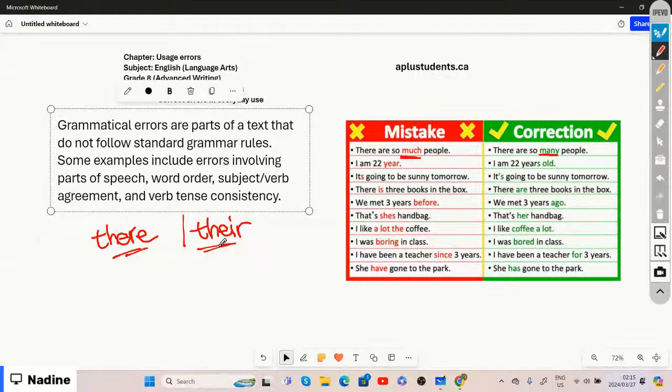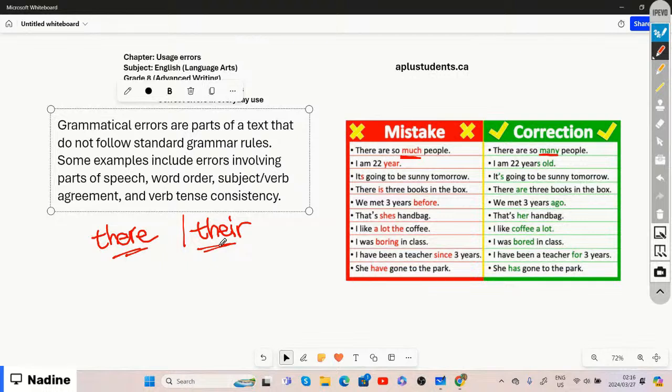And then our last one says, "she have gone to the park." Remember, also part of grammatical errors is using the proper words such as have or has.